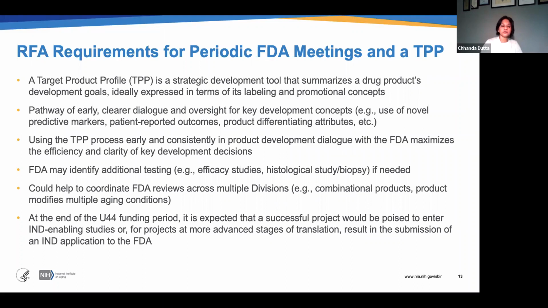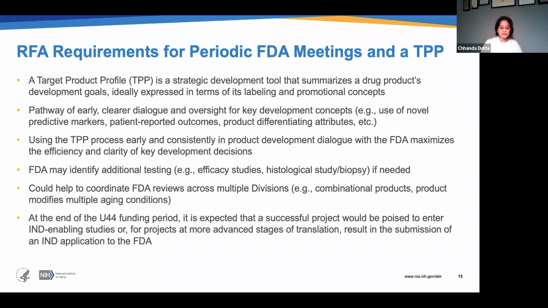If you start to talk to the FDA fairly early in the process, they will be able to help you identify additional kinds of studies that you may need for your particular compound: efficacy studies, histological studies, collection of biopsies.